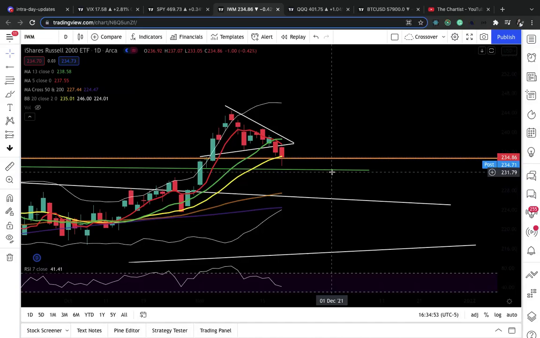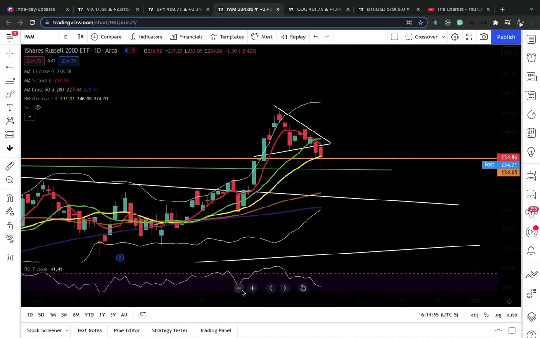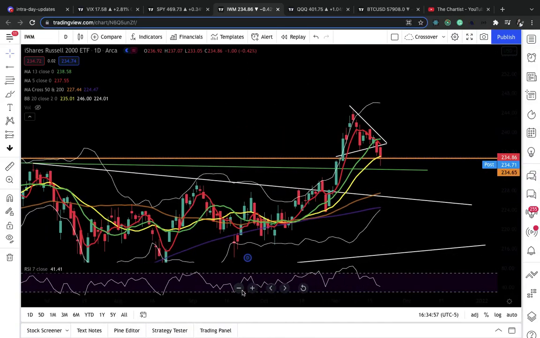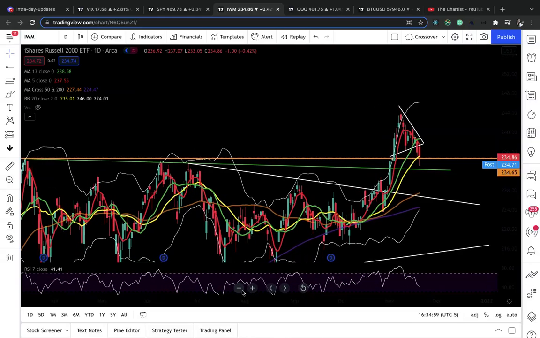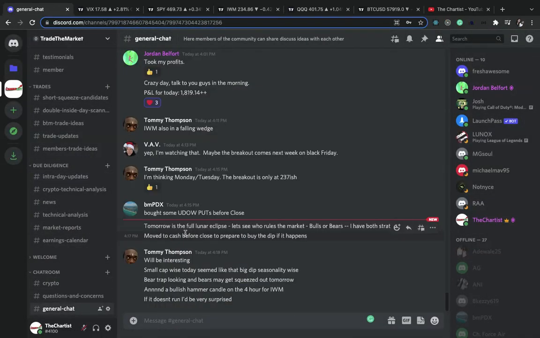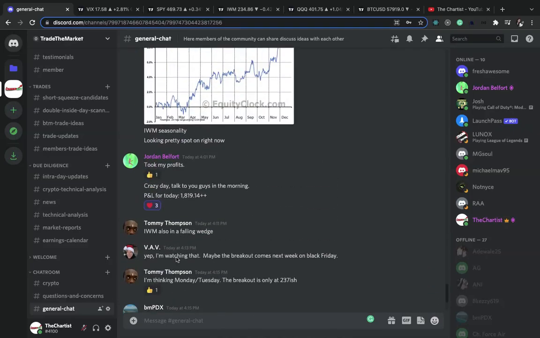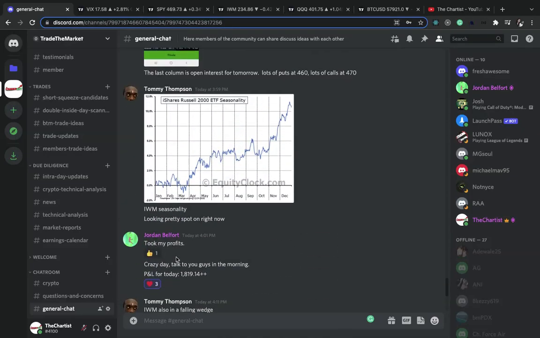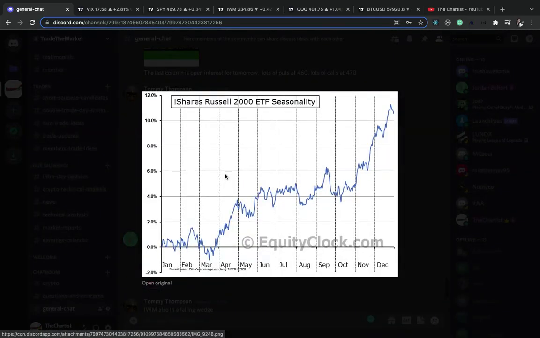Now, for all the people that are bullish, I think I saw a comment yesterday of somebody saying that they were long on IWM. One of my members from Discord, Tommy. What's up, Tommy, man? Tommy Thompson, my boy. One of my very active members in the Discord community. He shared the Russell 2000's seasonality.